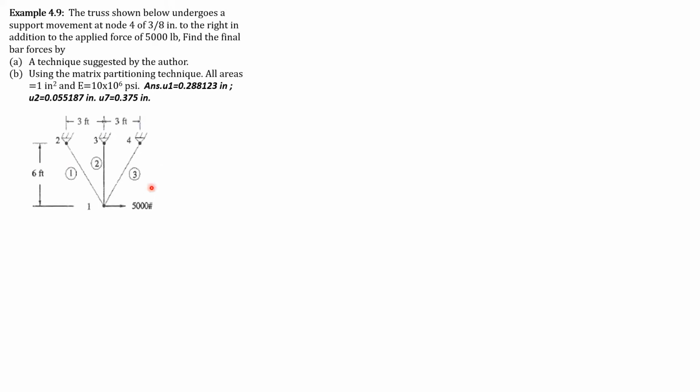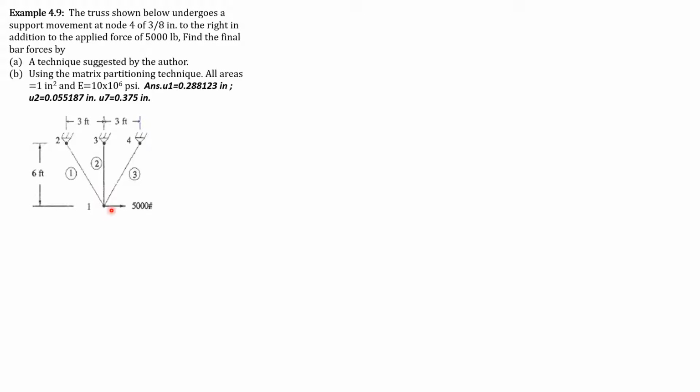So this is the truss, which is supposedly 2 by 2, 2 degrees of freedom here, but because there is specified displacement here, this may be 3 by 3 if you use the first technique. But if you use the second technique, this will only be 2 by 2. So I will present first the second part, which is matrix partitioning technique or by expansion.